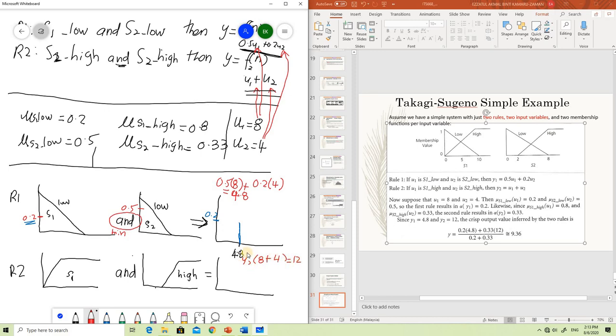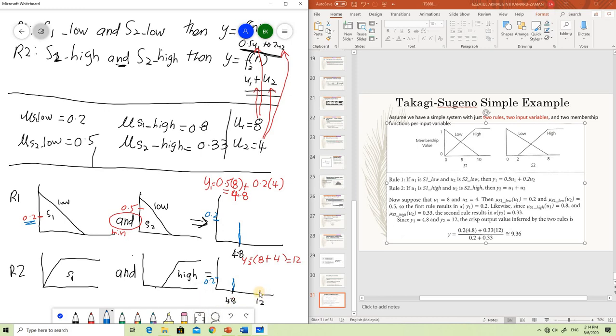So your y2 is equal to 12. This is y1 is equal to 4.8, y2 is 12. So the next spike would be on where? On the second one, that is 12. So the first one is at 4.8 with how much value? 0.2 here, somewhere around here, 0.2.